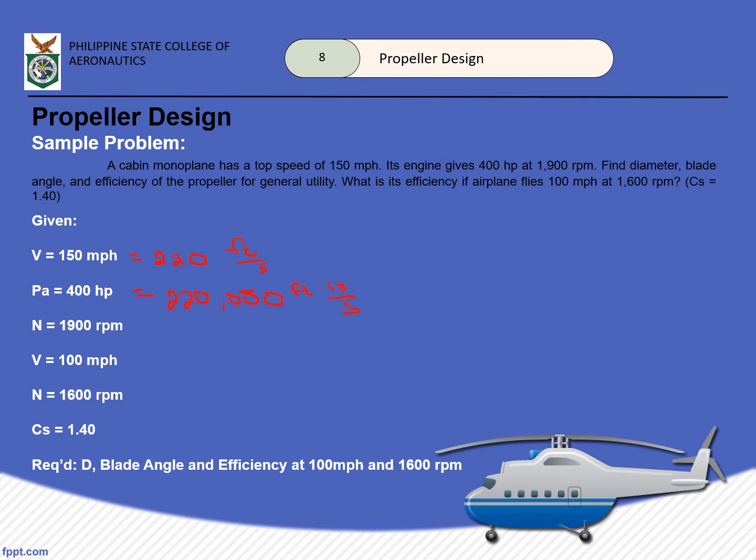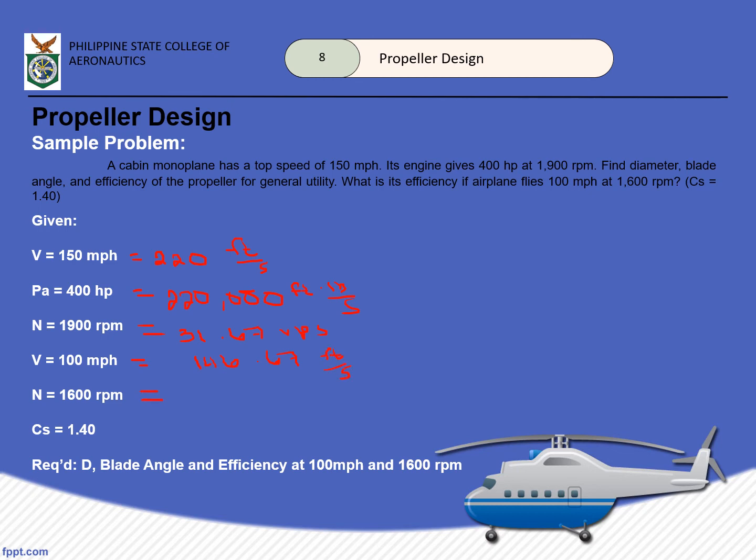So, ang N natin is naka-RPM. So, we need it in RPS. We just divide by 60, we would just be having 31.67 RPS. And convert this also to feet per second, we would be having 146.67 feet per second.